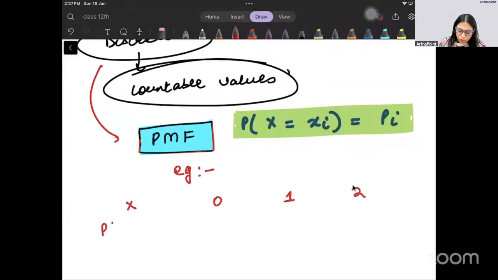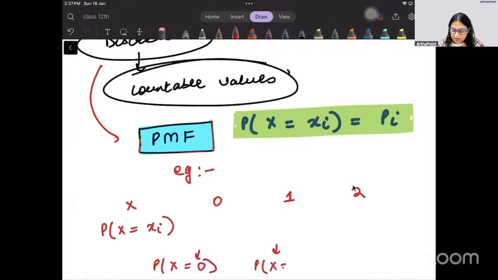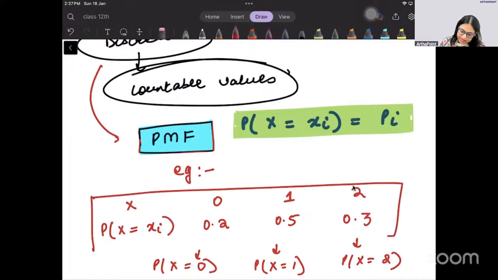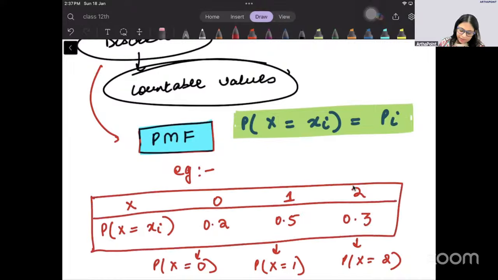And I tell you probability x equal to xi, meaning here probability x equal to 0, here probability x equal to 1, here probability x equal to 2. I have given you these probabilities: 0.2, 0.5, 0.3. So this table that I have created, we call it probability mass function.